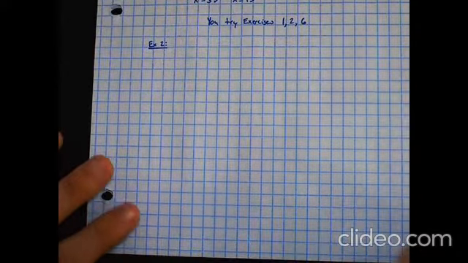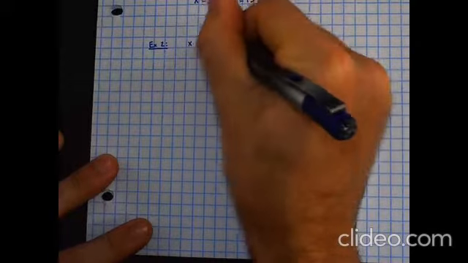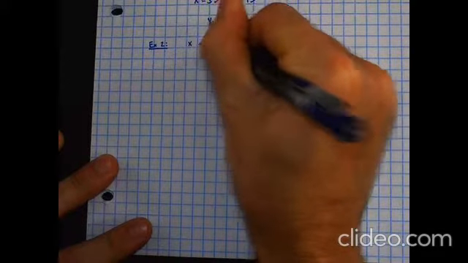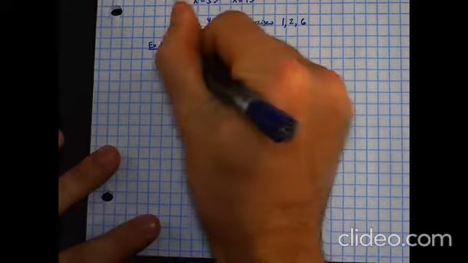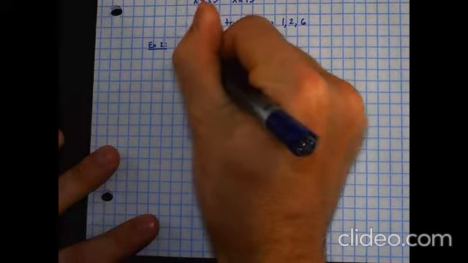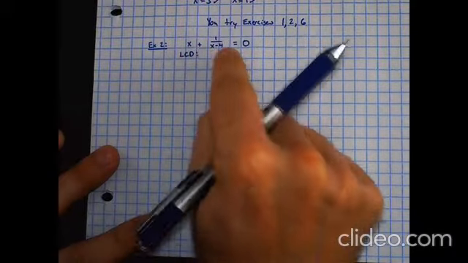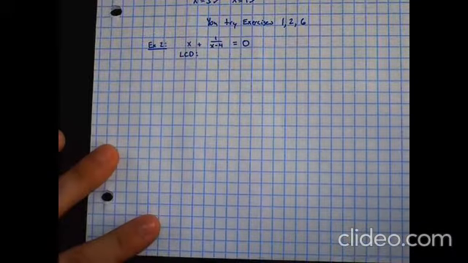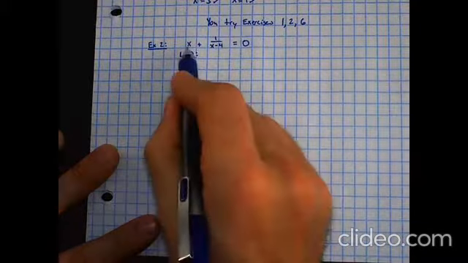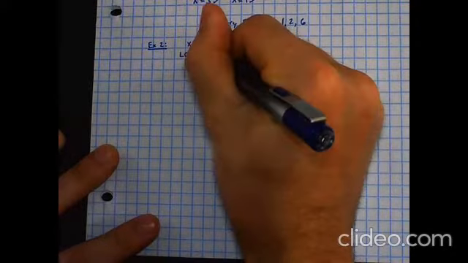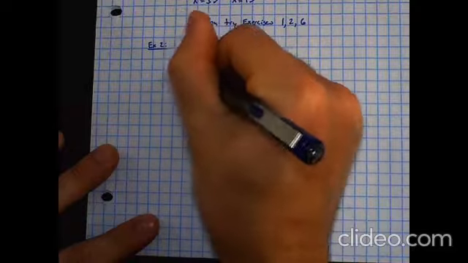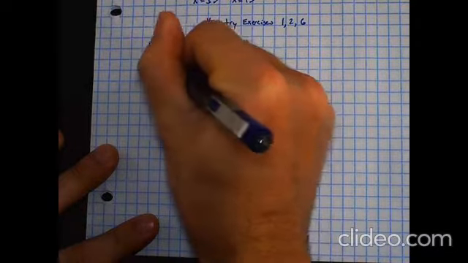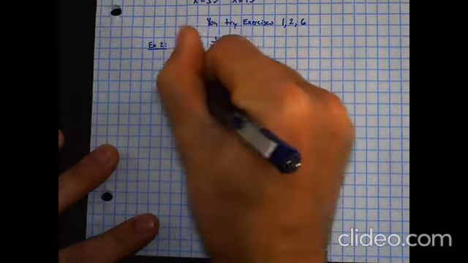So we got x plus 1 over x minus 4 equals 0. So we need the LCD, least common denominator. Under that one is 1, under that one is x minus 4, and 0 we really don't need to worry about. So between 1 and x minus 4, they both need an x minus 4. So I need to multiply x by x minus 4, top and bottom.